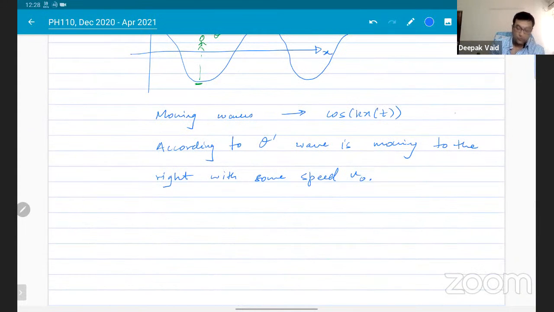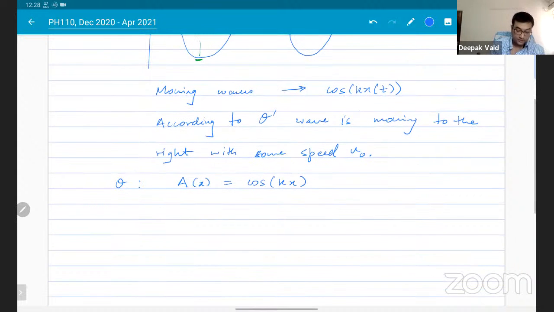So if I want to write down the expression for the wave, what is the expression for the wave in the O coordinate system?